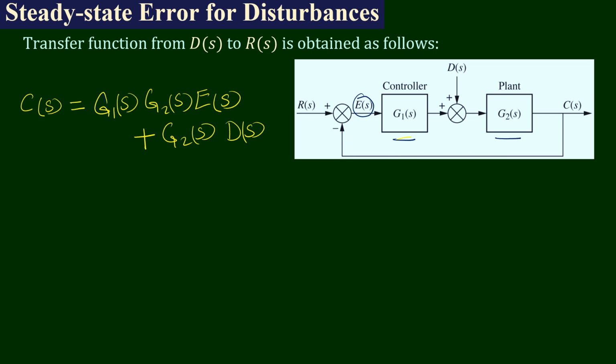Because this D(s) is passing through the plant only, while E(s) is going through G1(s), the controller transfer function, and the plant transfer function.